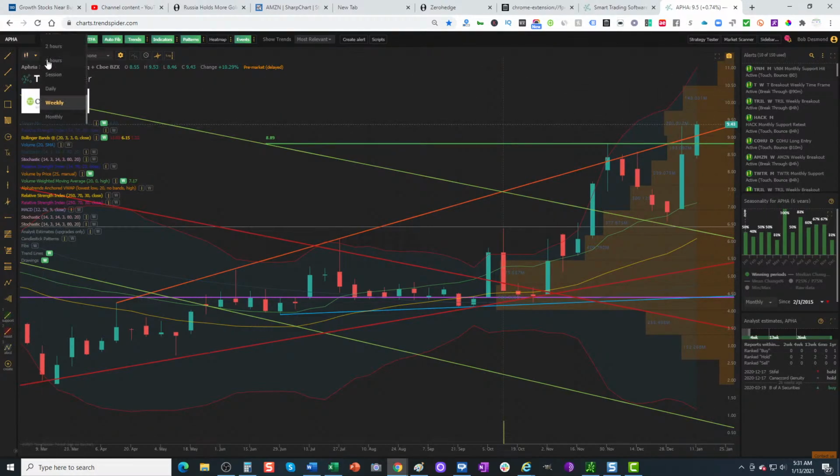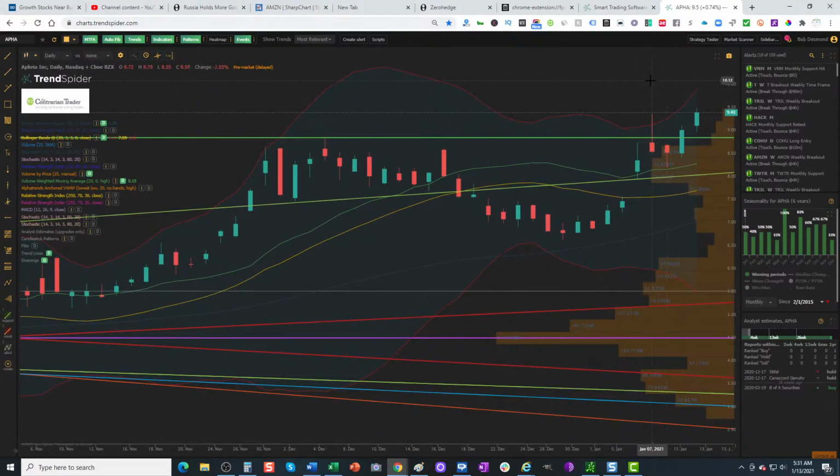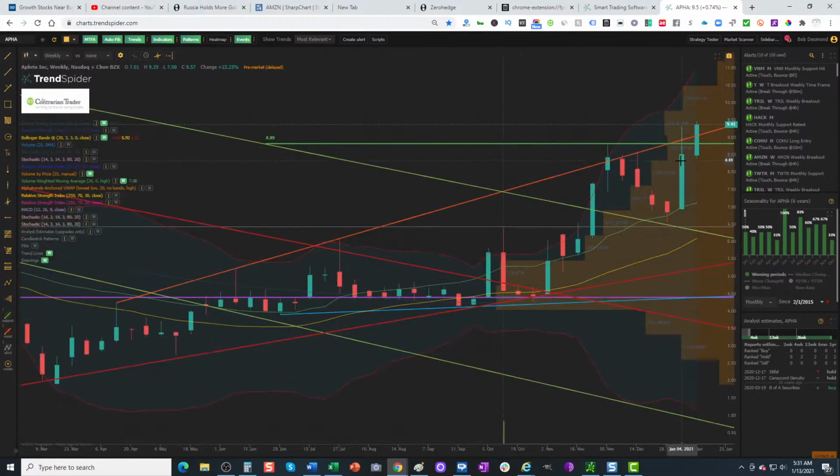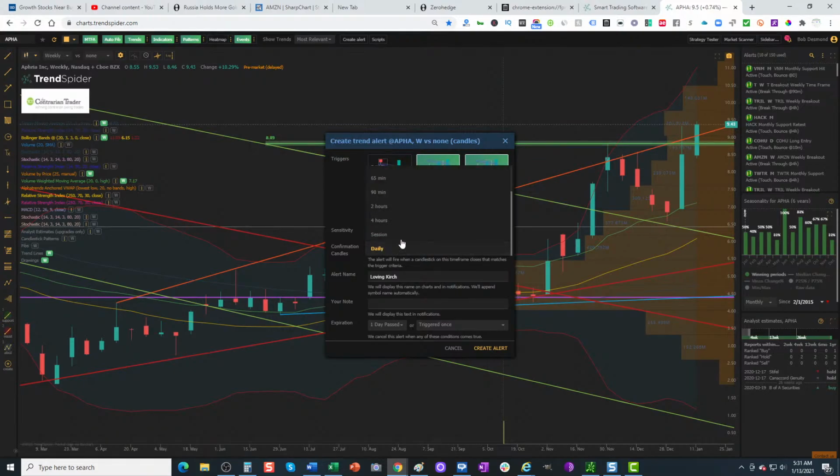So still a very nice chart. Daily chart. Very nice. Very, very nice. That would be my game plan. Going back to the weekly chart, looking for a retest of support.